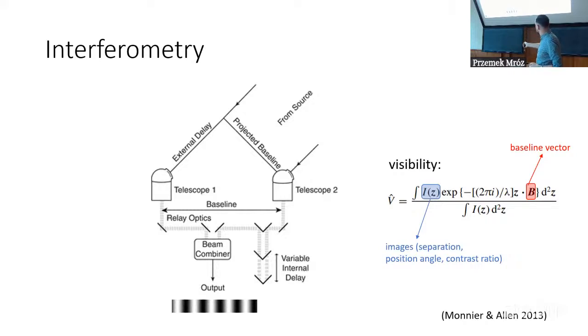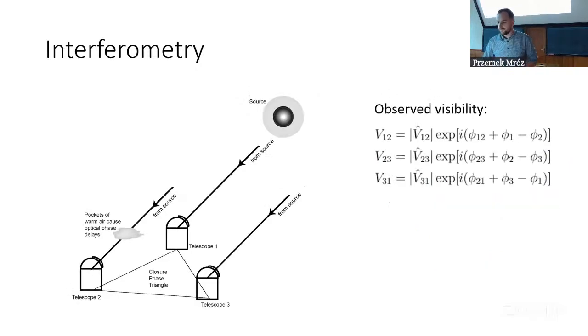And by studying the fringes, we can try to infer the shape of the image of our source star, of our microlensing events. In reality, it's better to have at least 3 telescopes instead of 2, because some random phases can be introduced at each arm of the interferometer.